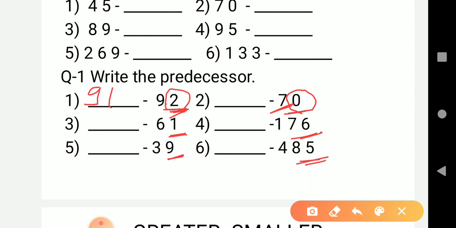70. Yes, we write 9 for 0 and write the number before 7. 7 before is 6. Very good.